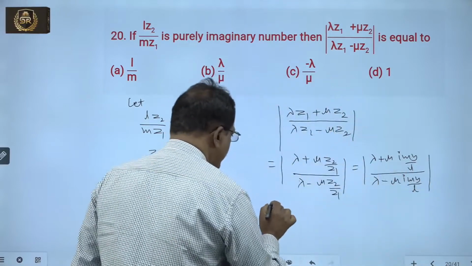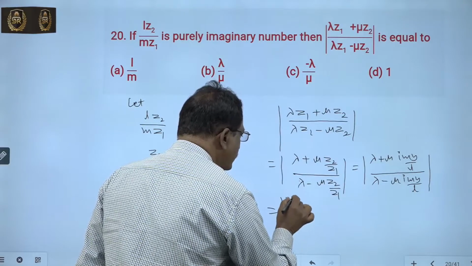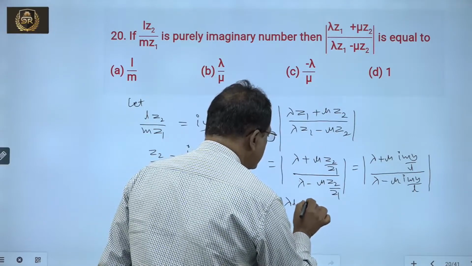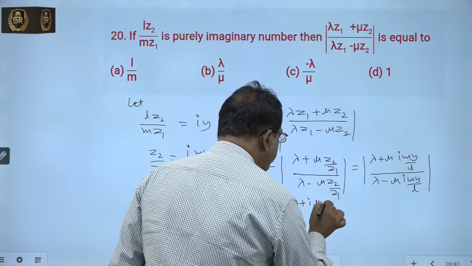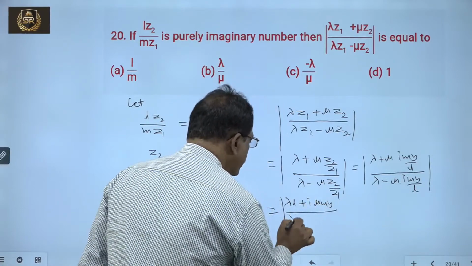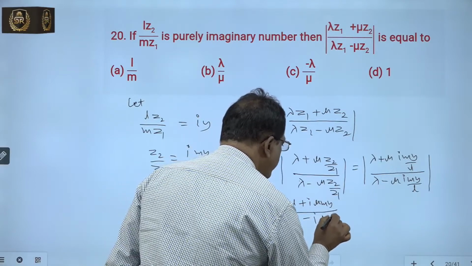Now take the LCM as λ, that equals (λ² + i μ²y) by (λ² − i μ²y).